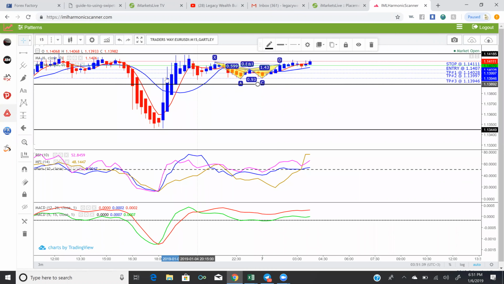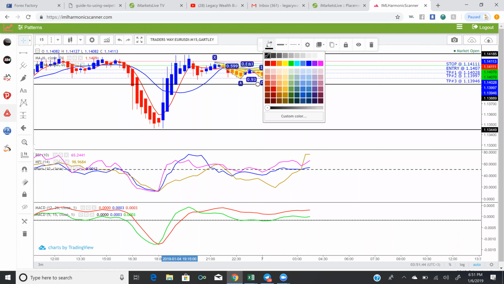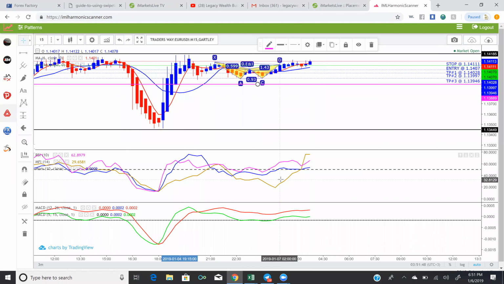We read our charts left to right. You see this black line? I could change the color too. Let's make it fuchsia. This peak line right here, has price dropped past this peak line? Anybody? Yes or no? It's dropped past it on the right side?